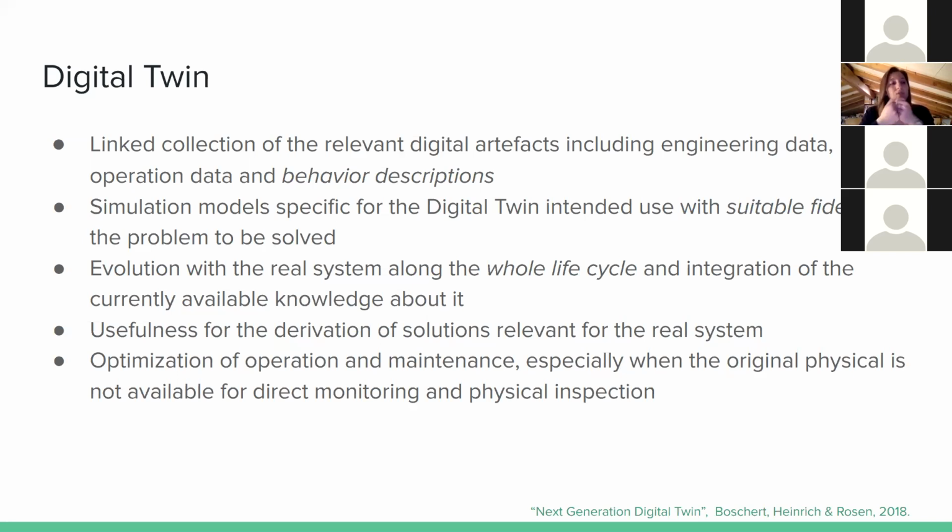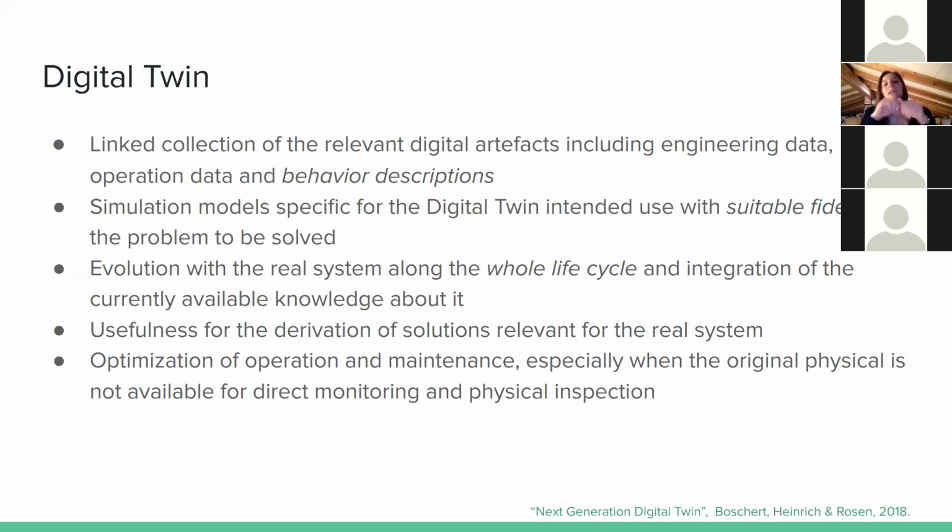So ideally, the twin is evolving together with the object itself. A digital twin is useful if it provides any solution which is good for the real system. And of course, in this sense, the simulation models have to be specific. We go back to the second point.